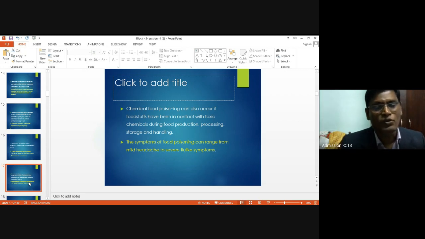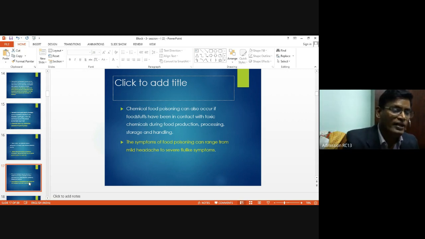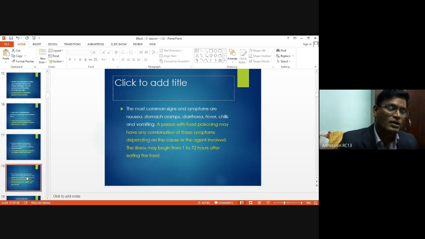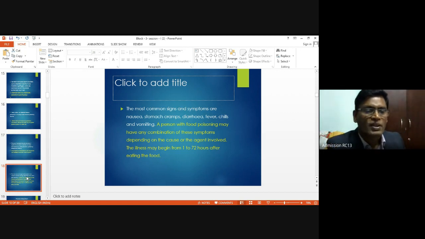The symptoms of food poisoning can range from mild headache to severe flu-like symptoms. So sometimes food poisoning will be mild, like a simple headache, or one can experience severe flu-like symptoms. The most common signs and symptoms are, as we noticed earlier, stomach cramps and vomiting.